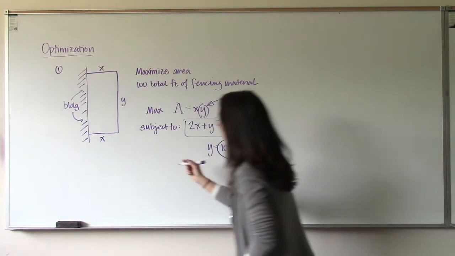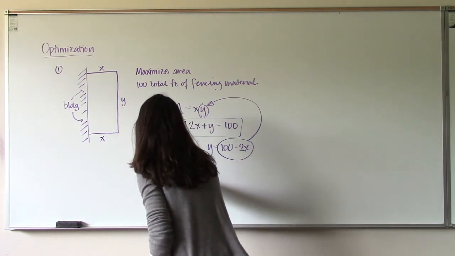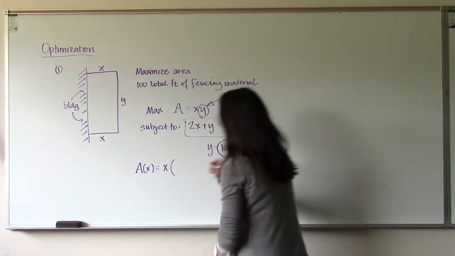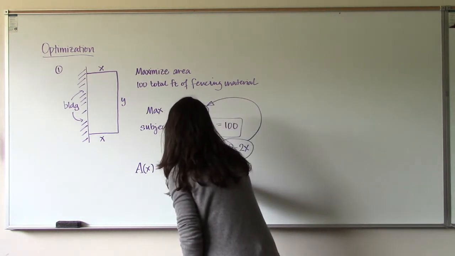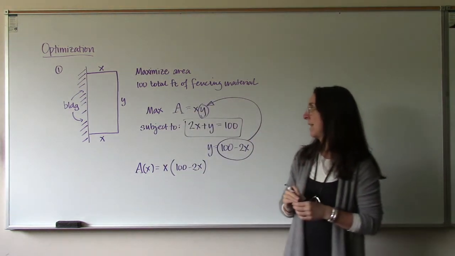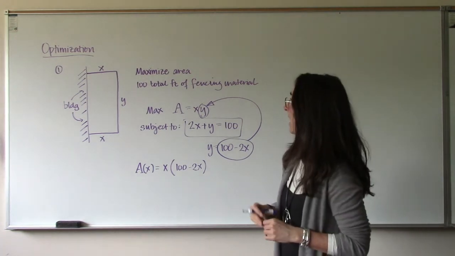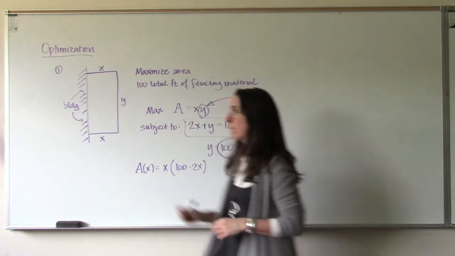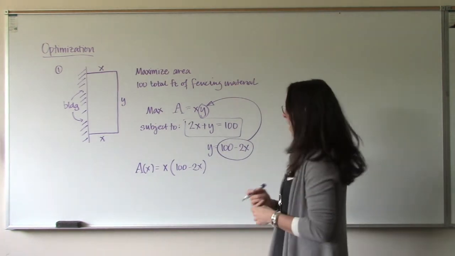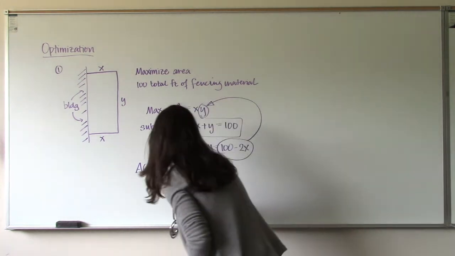So after I do that, I get that A, and now it's A of x, right, is x times this stuff, 100 minus 2x. So that's the function that gives me the area of the enclosed region here. And I want to find out when this is the biggest, so I'm going to take the derivative of it. Before I do that, I'm going to multiply this x through.